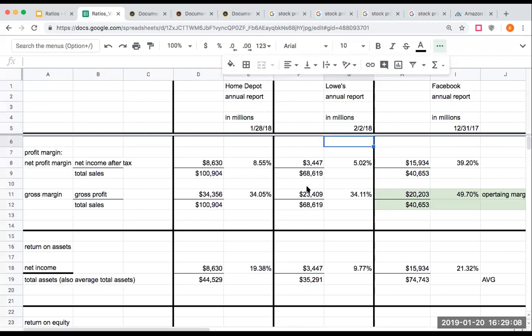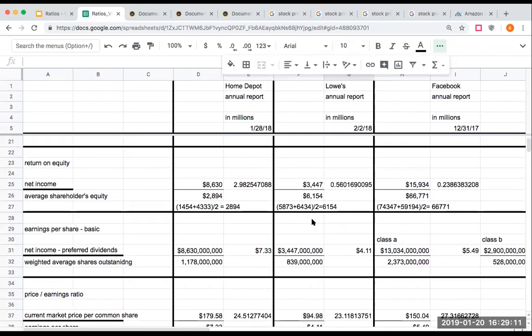Okay. So right over here, this is how we came up with the earnings per share. One of the things you'll see is diluted earnings per share. Basic earnings per share uses the actual number of shares outstanding by the company. If the company is making a profit, then we also need to include any share equivalents.